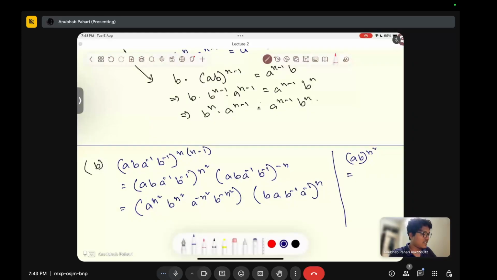So this means that we have (ab)^n to the power n, I guess. So this is (a^n b^n)^n, and that means a^(n square) b^(n square), right?